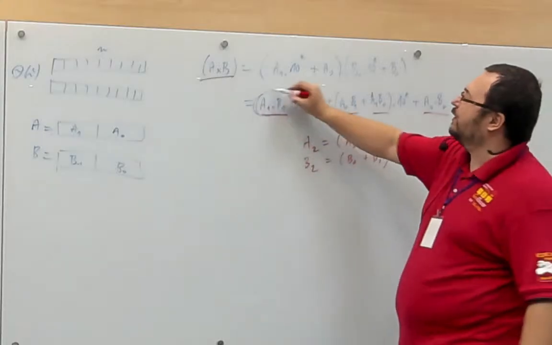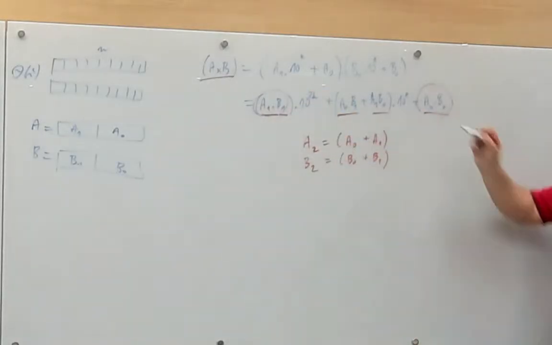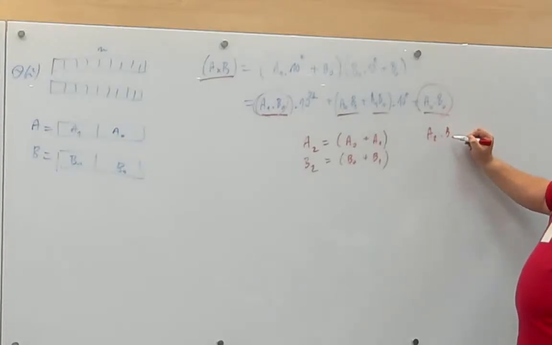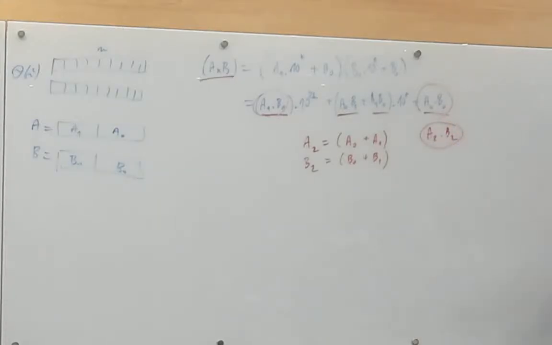The first recursive call is this, the second recursive call is this, and the third recursive call is A2 times B2. So you will get the value A0 B0 plus A0 B1 plus A1 B0 plus A1 B1 as the result of this recursive call.